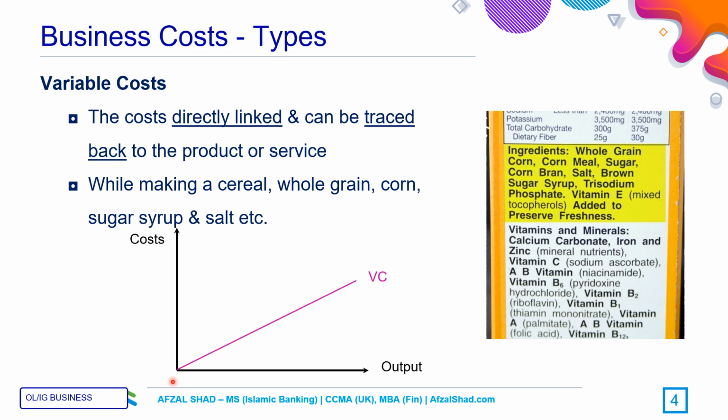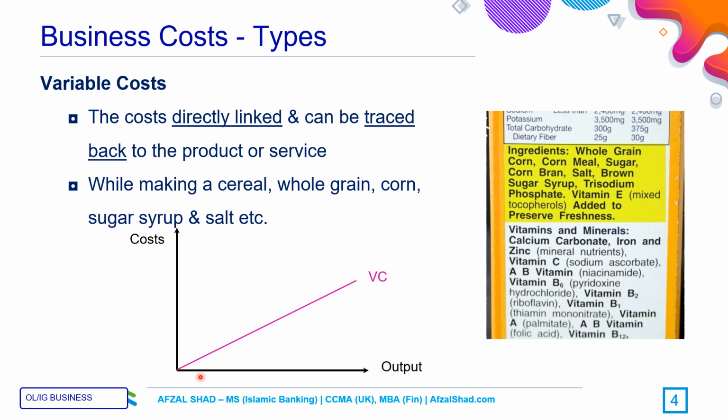Suppose you are not producing any single cereal, have a look. This is the point of origin, point 0. Your cost is 0. That means obviously if you're not producing a single box of cereal, your cost of ingredients remains 0 because you are not using any ingredient. If you are producing one, your cost goes up.